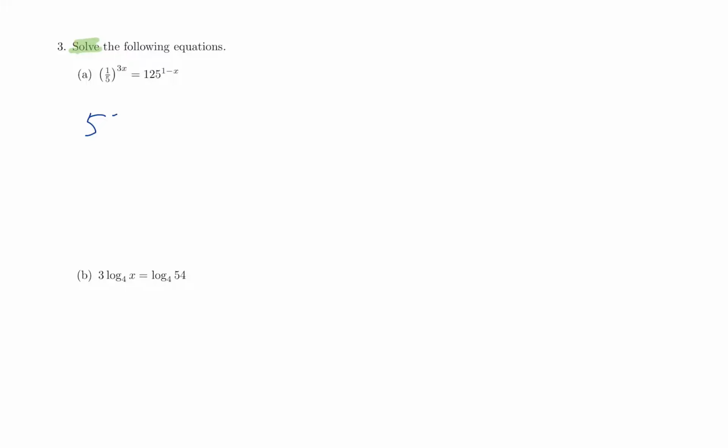Sometimes it's not possible. But if it is, 1/5 is the same as 5 to the negative 1 power, to the 3x. And 125 is the same thing as 5 to the 3rd power, to the 1 minus x. Then we can rewrite this as 5 to the negative 3x equals 5 to the 3 minus 3x.